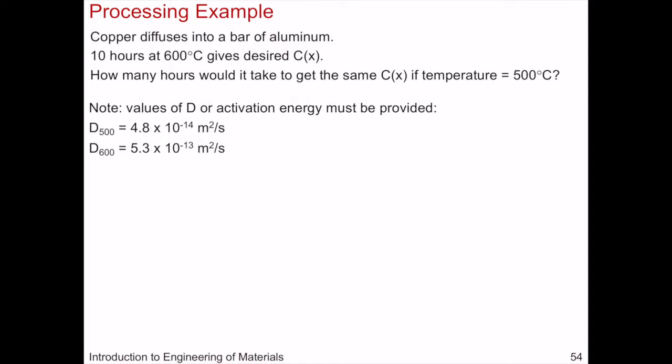Another way that we can use the relationship that is the solution to Fick's second law is shown here. So if you're given a material, let's say copper, and it's diffusing into a bar of aluminum, if you know that it takes 10 hours at 600 degrees Celsius to achieve some desired concentration, you can calculate the time that it would take to get to the same concentration when you decrease the temperature.